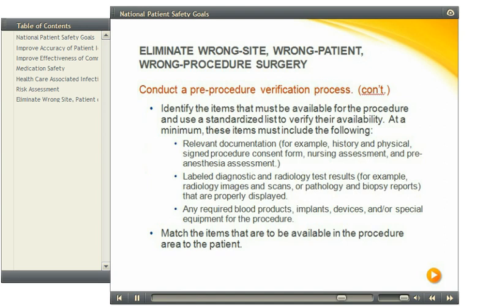Labeled diagnostic and radiology test results. For example, radiology images and scans, or pathology and biopsy reports that are properly displayed. Any required blood products, implants, devices, and/or special equipment for the procedure. Match the items that are to be available in the procedure area to the patient.